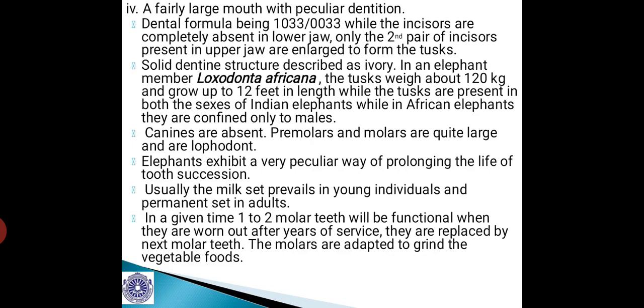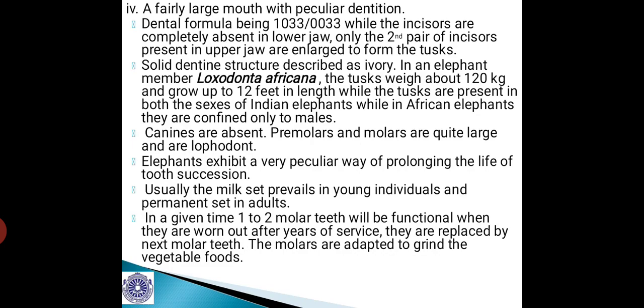At a given time, 1 to 2 molar teeth will be functional. When they are worn out, or non-functional, and removed after years of service, they are replaced by the next molar teeth. The molars are adapted to grind the vegetable foods.